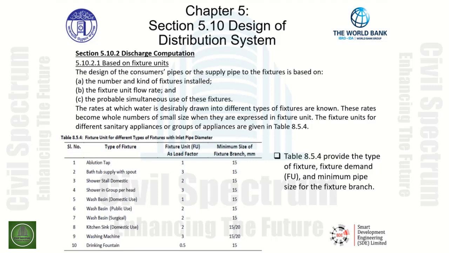If we have a wash basin for public use, item number 6, we find that the fixture unit value is 2. That is our load factor or demand for that public use wash basin. And again, the minimum size of the pipe for this particular type of fixture can be no less than 15 millimeters.